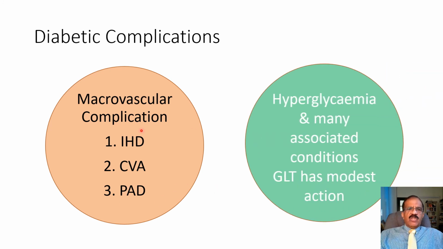And this is the effect of chronic hyperglycemia and many associated conditions, and tight glycemic control has only modest action. And when we go through the UKPDS, the patients who were on tight control only had modest benefit. I think I will discuss this in greater detail in the next lecture.